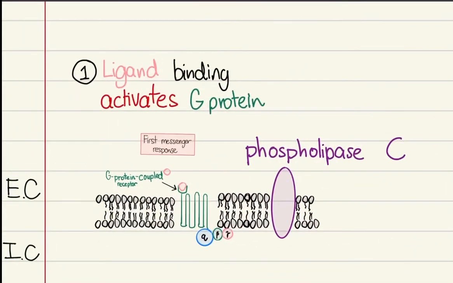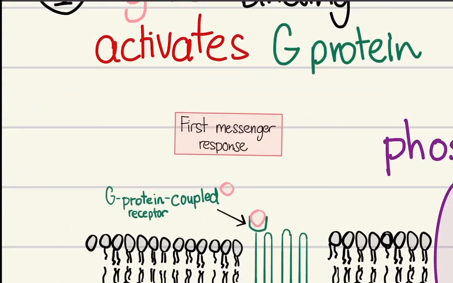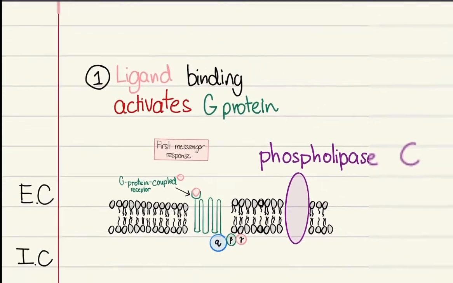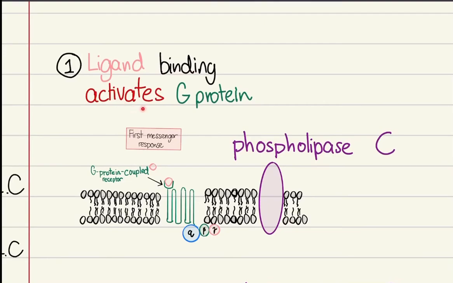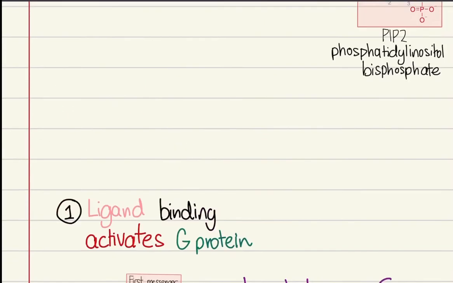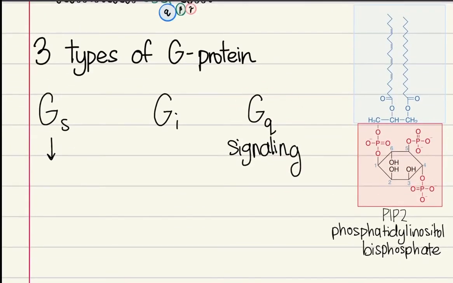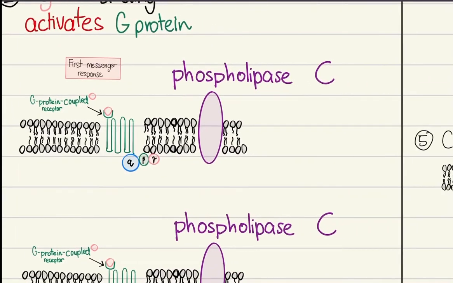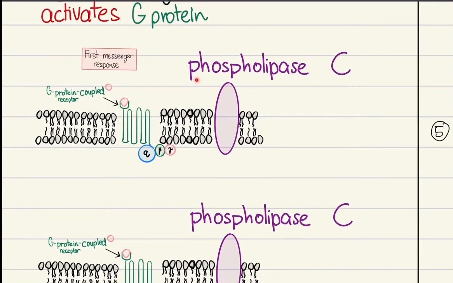The first step we talked about was the first messenger response. What's happening really is a ligand, first of all, binds to activate the G protein. And remember, we talked about what kind of G protein this is. Once that happens, we have phospholipase C. And lipase should just tell you this is an enzyme, and it surely is.